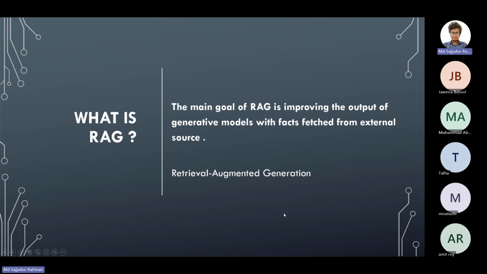First of all, everything has some sort of limitation, and the main problem with the LLM is that it gives us output based on the pre-trained data. Sometimes the output is not factual. So here RAG mitigates the gap, and RAG stands for retrieval augmented generation.